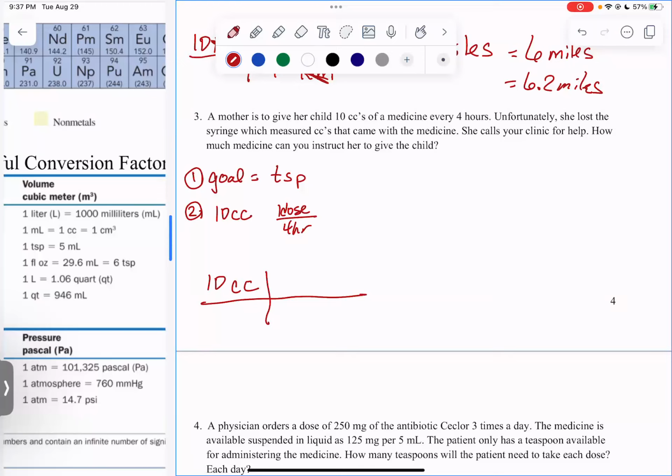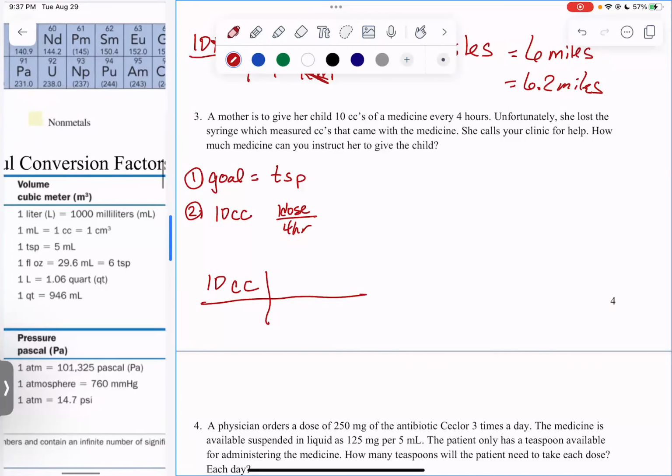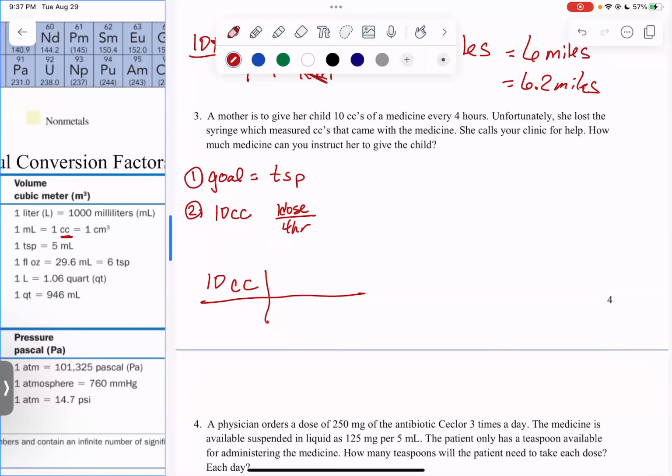I don't see that conversion in my best friend. So I look for cc's. Here's something with cc's. Would I want to go cc's to mils or cc's to centimeter square? I want to go cc's to milliliters, because once I have milliliters, then I can go from milliliters to teaspoons. So you just have to look for those common units.